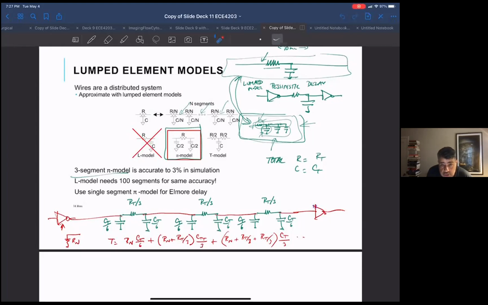And some of your biggest problems are the interconnect. When you're doing analog design, which we're not talking about in this class, you're trying to get precisely valued or precisely matched devices. It's very important.